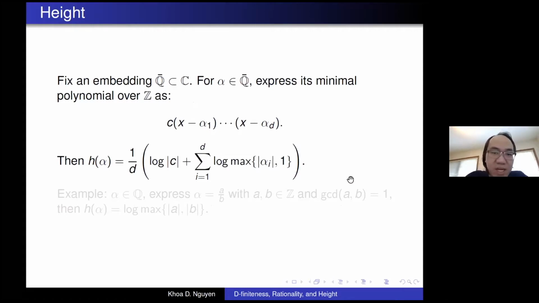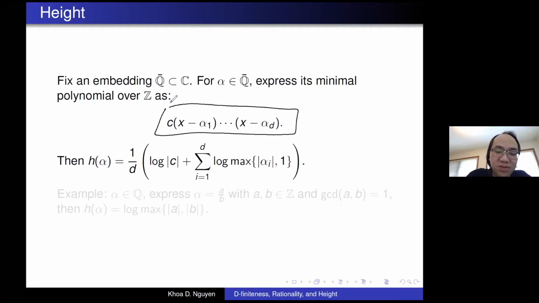You consider the minimal polynomial of your number over Z. So this is your minimal polynomial. C is just the GCD of the coefficients. Hold on, let me see. No, I'm sorry, C is the leading coefficient. And then when you take it out, these are the roots of your minimal polynomial.